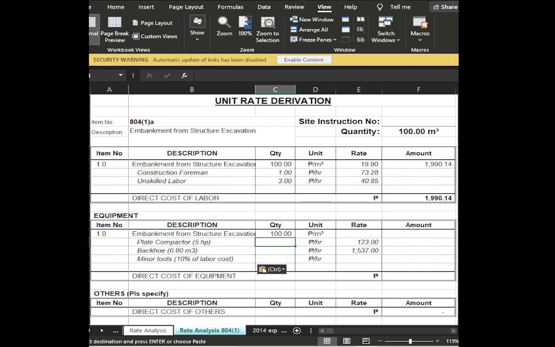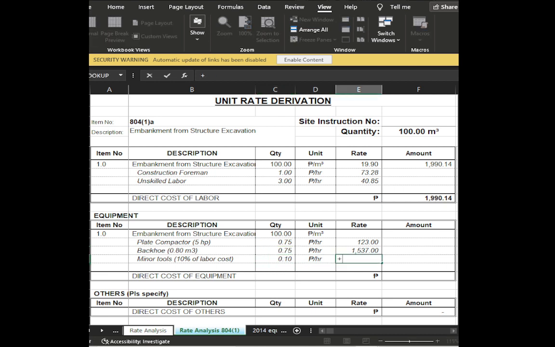We need 0.75 hour of equipment for that assumed production. So put 0.75, and 0.75 also for the backhoe. Then we have 0.1 for our labor cost. So the sum product of this labor for our assumed production.